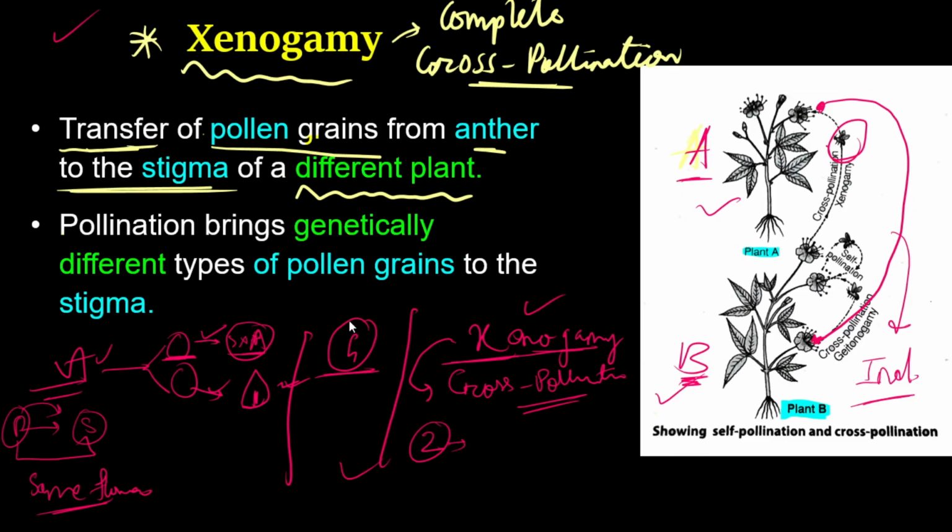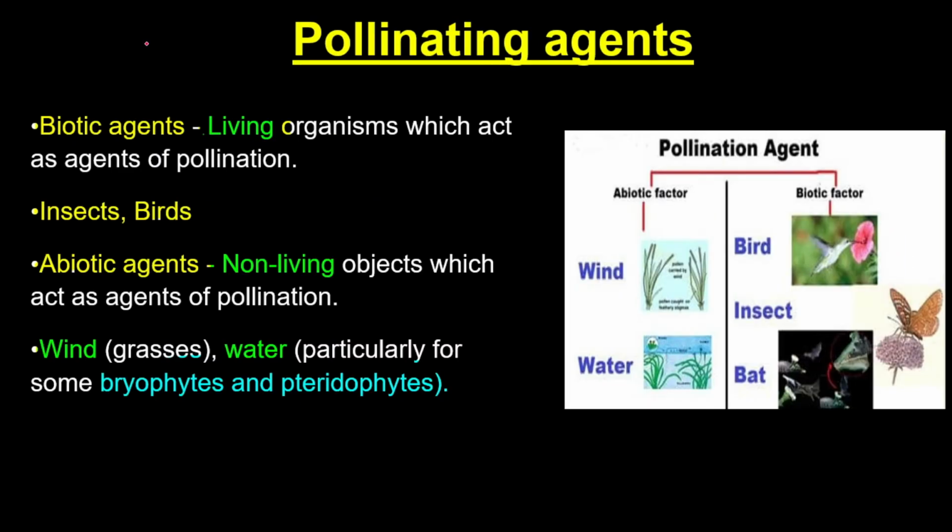So now let us understand about the pollinating agents. These pollinating agents have a role in the processes called zetonogamy and xenogamy. What we are going to discuss right now is which pollinating agents actually help to make the pollination happen.